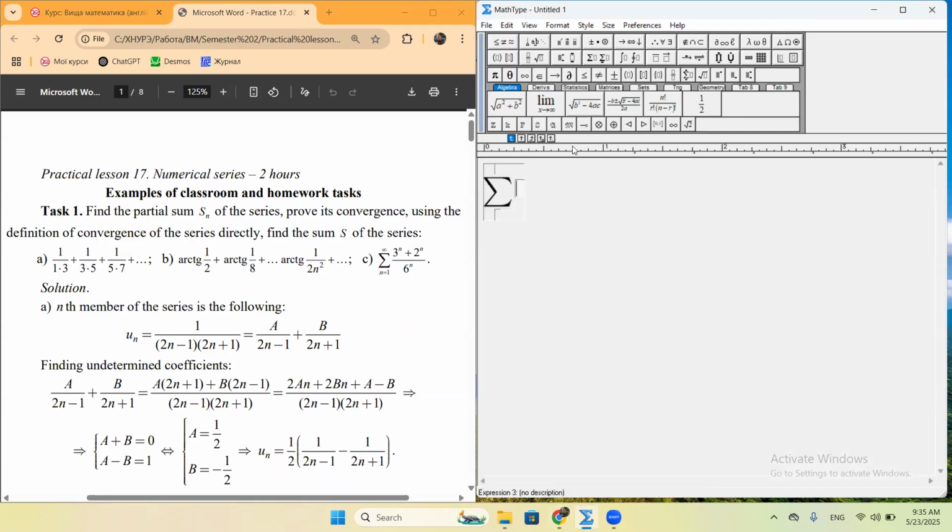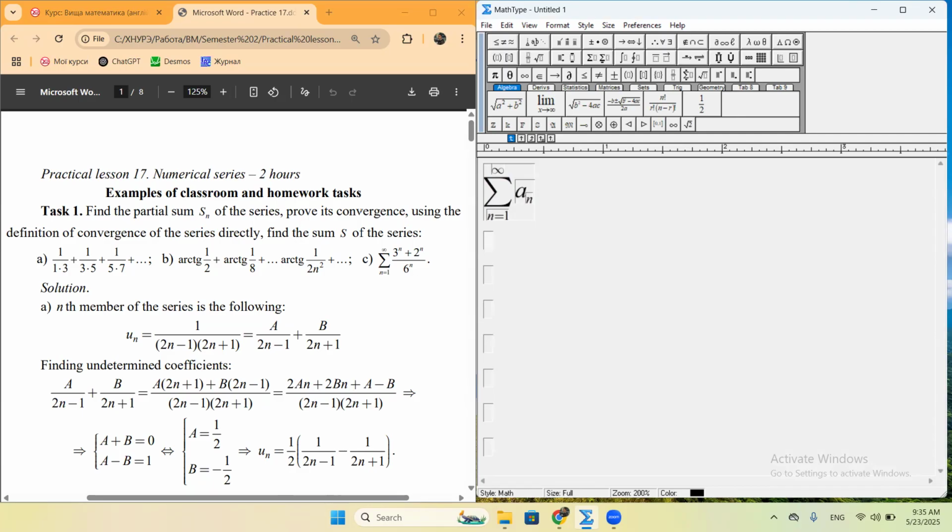So this is a kind of series: the sum where n starts from n, and some terms that depend on n. So this is the generic form of the numeric series.